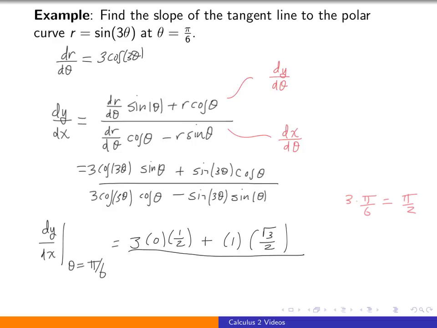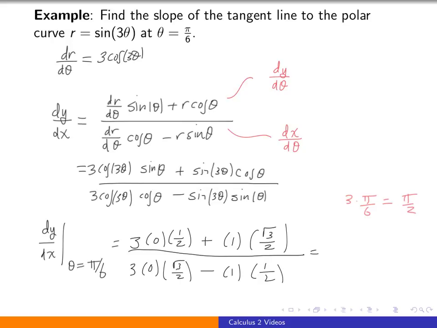As mentioned many times previously, it's important to know your trig values. Then in the bottom we have 3 times cosine pi over 2, which is 0, multiplied by cosine pi over 6, which is root 3 over 2, minus sine of pi over 2, which is 1, multiplied by sine of pi over 6, which is 1/2.